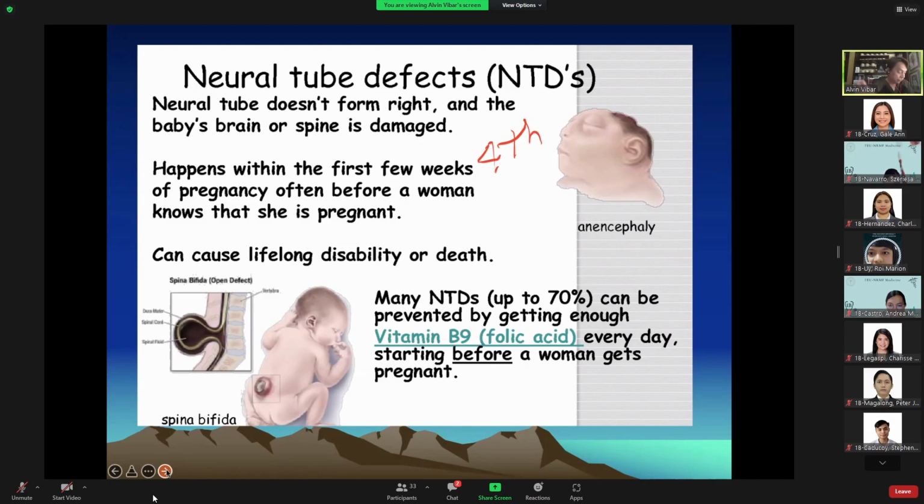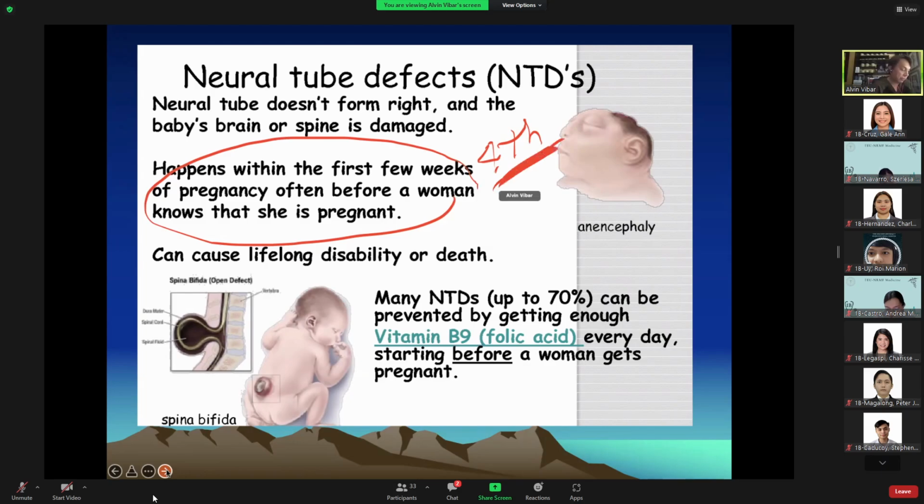A month after, kasi wala na siyang menstruation. Tama. So, 1 month after or 5 weeks, wala siyang menstruation. Positive pregnancy test, positive ultrasound. Buntis siya. Neural tube defects happen within the first few weeks of pregnancy, often before a woman knows that she is pregnant.